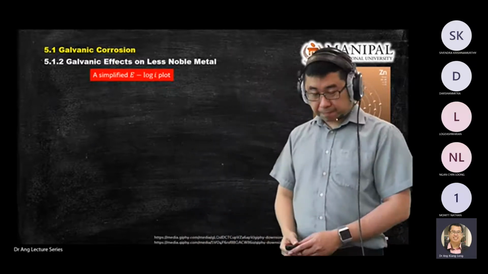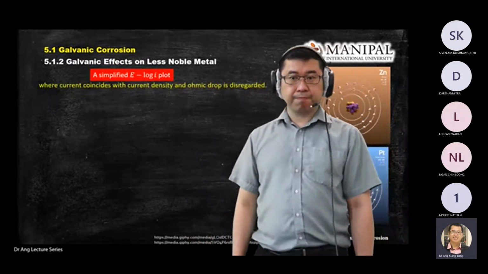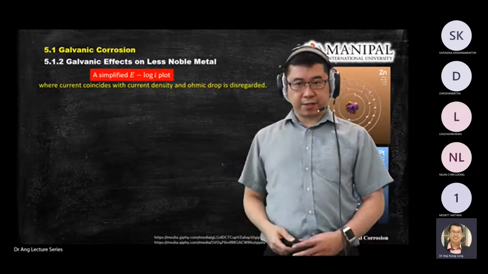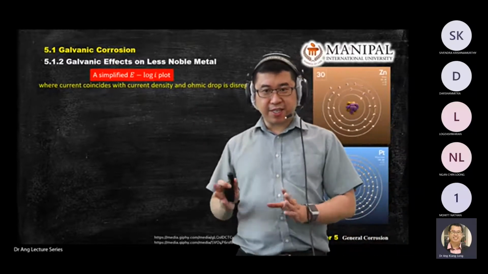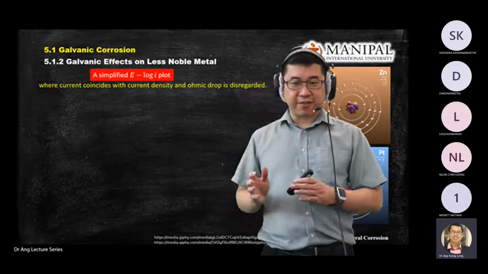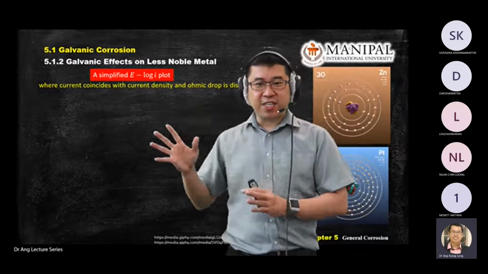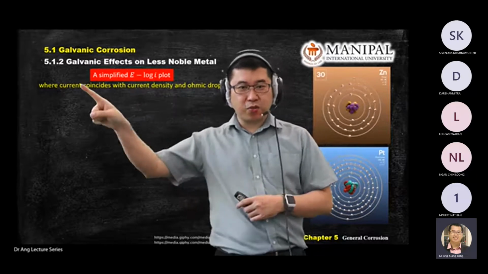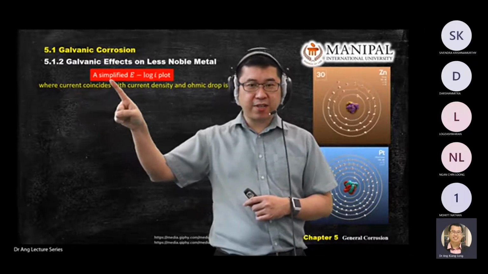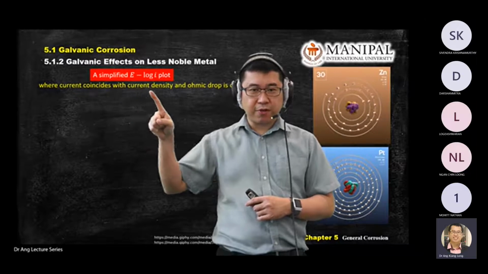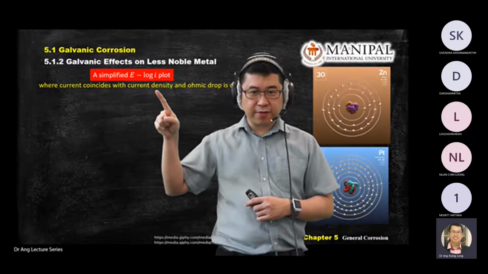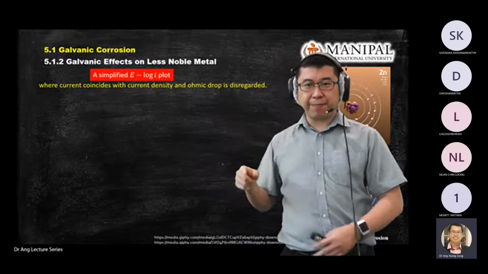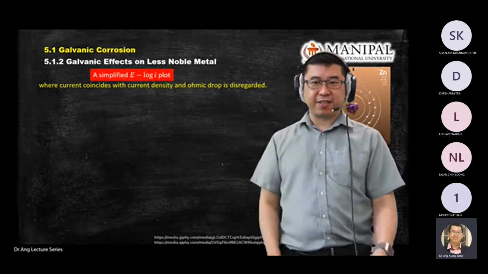In these slides, I have to stress this one. This is a simplified case, and we ignore the current that coincides with current density, and ohmic drop does not happen in this case.